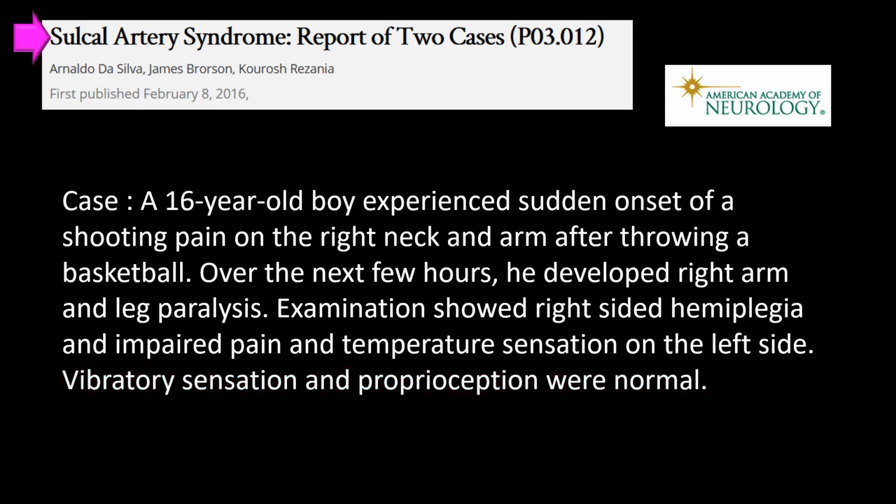These are the classical findings of sulcal artery syndrome. This syndrome results from obstruction of the sulcal artery.